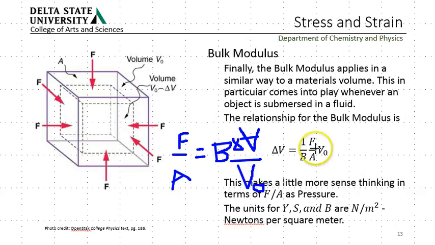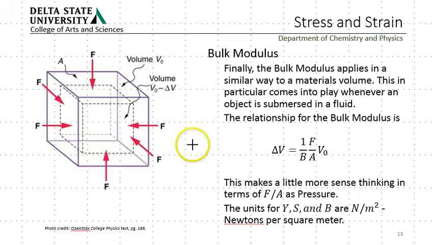So pressure, F over A, is also stress, and it's the bulk modulus times delta V over V naught. The bulk modulus is in newtons per square meter, and it's always newtons per square meter because force over area is newtons per square meter. So all of these are newtons per square meter.